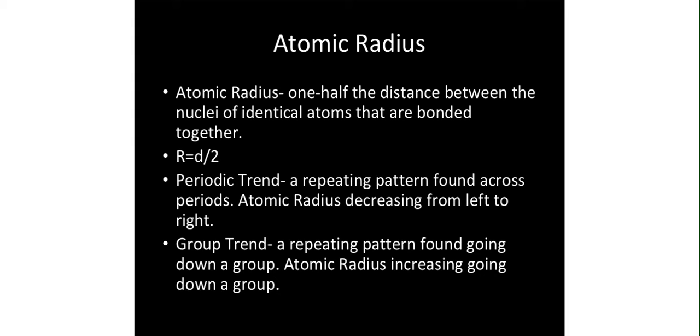Atomic radius decreases from left to right, meaning as I go from the alkali metals to the noble gases, the atomic radius is going to decrease. As you go down a group, and a group trend is a repeating pattern found going down a group, atomic radius increases going down the group. So from the top to the bottom, as in from period 1 to period 7, the atomic radius will increase.